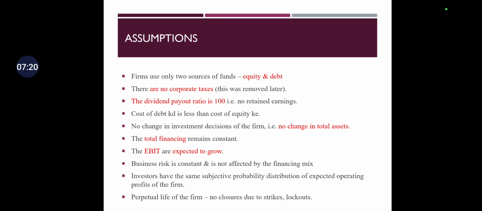So there is a continuous flow of your business. There is no closure at all because of a strike, lockdown or lockouts of a company. The operation will be continuous according to your capital structure. So these are the things you have to assume when you are fixing your capital structure decisions. These are the main assumptions of the overall capital structure.